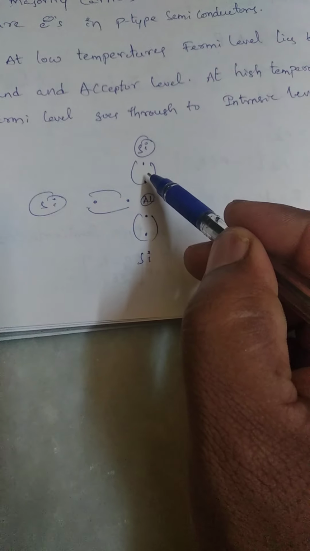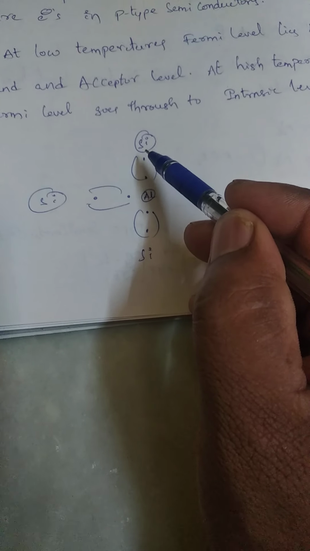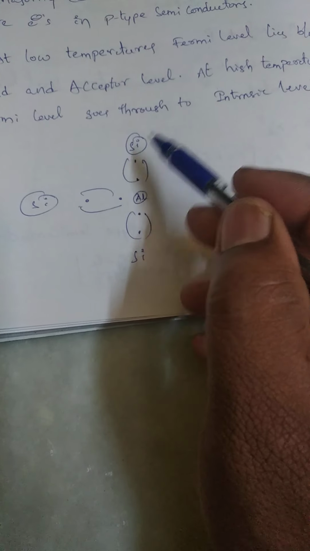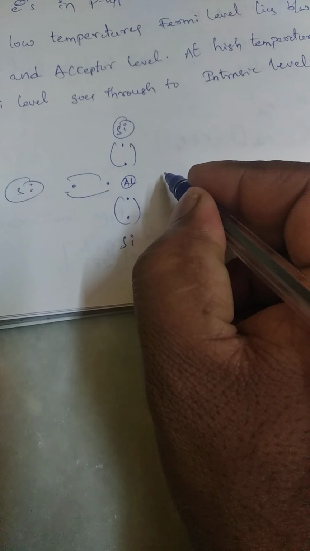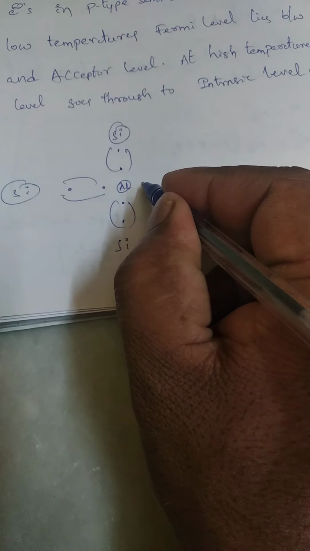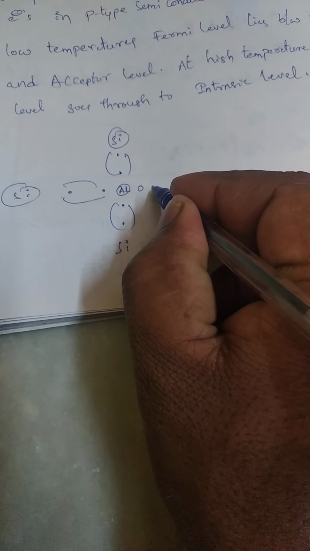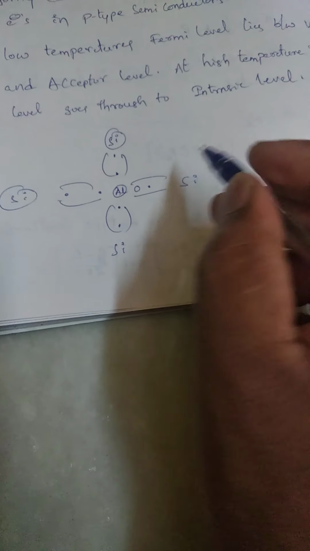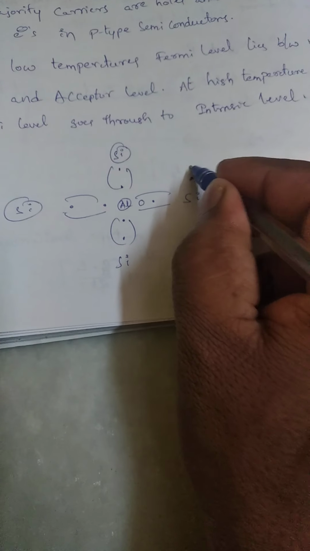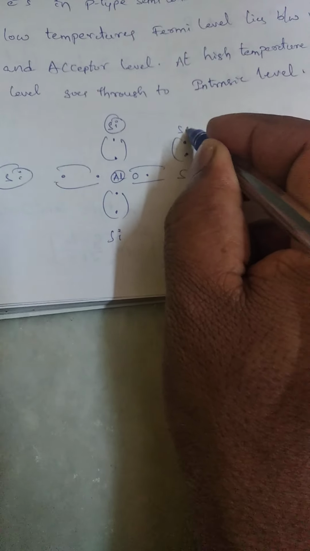Covalent bond means sharing of electrons. And one position is vacancy due to lack of electron.